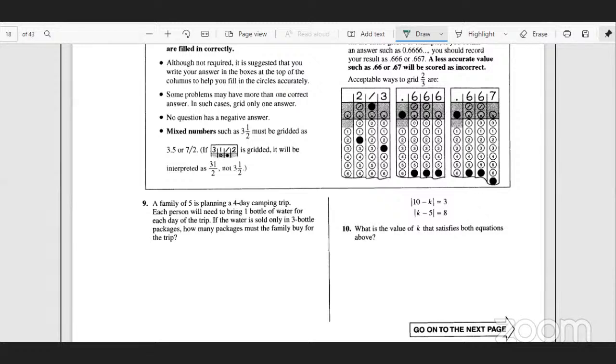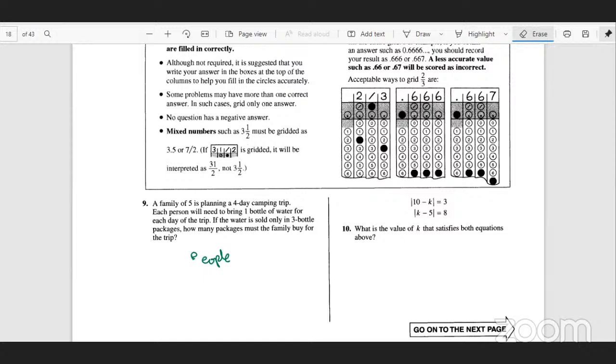So we have 5 people and we have 4 days. Let's just write down all the data in detail. A family of 5 is planning a 4-day camping trip.